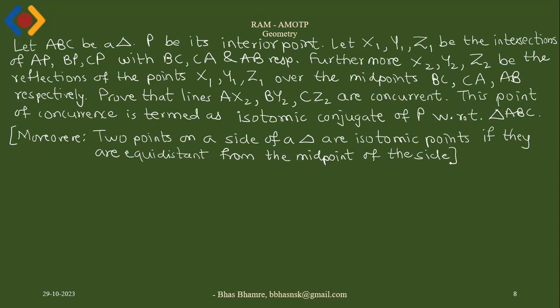So it is not necessary that when I get isotomic points, then concurrence always happens. In some cases, for one typical set of three cevians, I get the concurrence. So I will draw the figure.